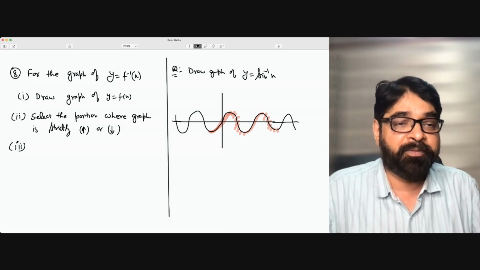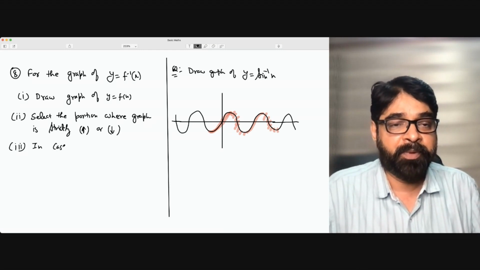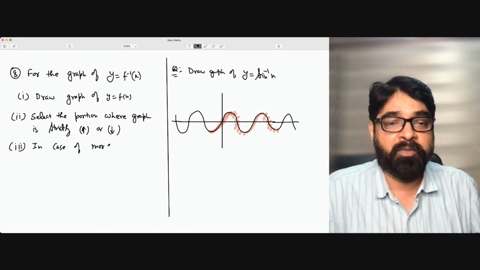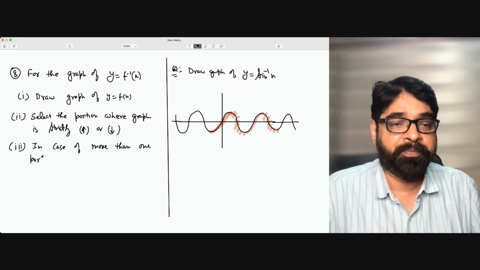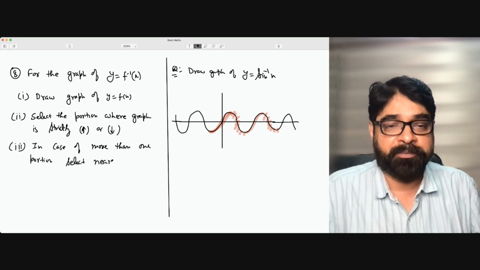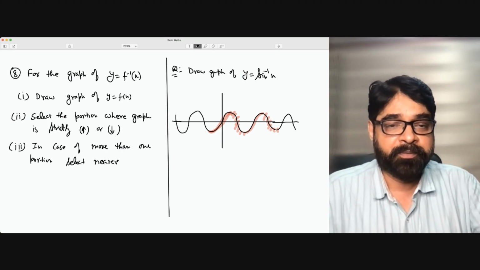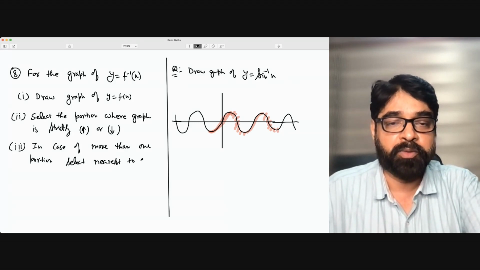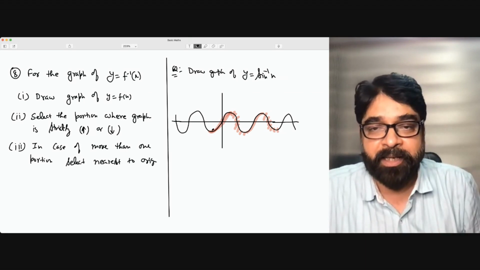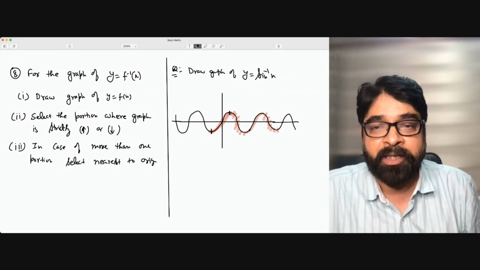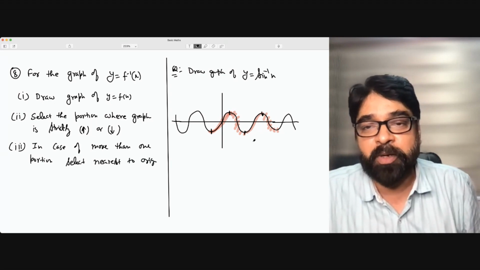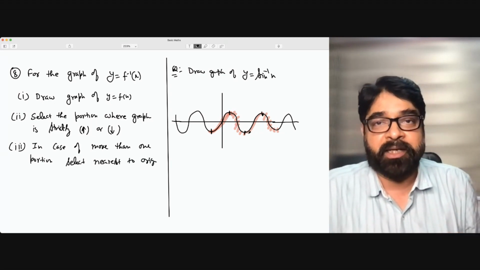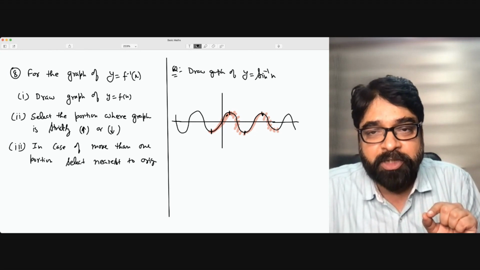In the case of more than one portion, select the portion nearest to the origin. See here, strictly increasing from here to here is also there, this point to this point also, so an infinite number of portions are there. So we'll select the one nearest the origin. This portion is the nearest.